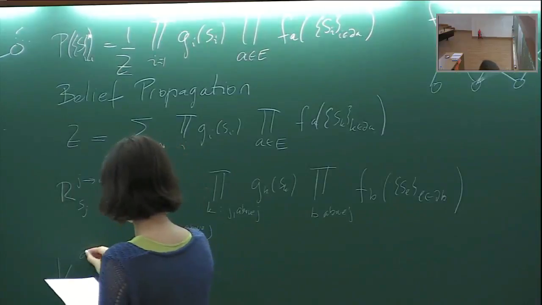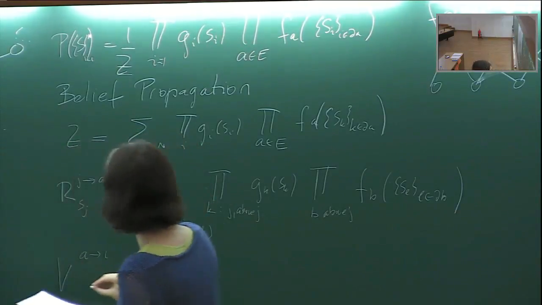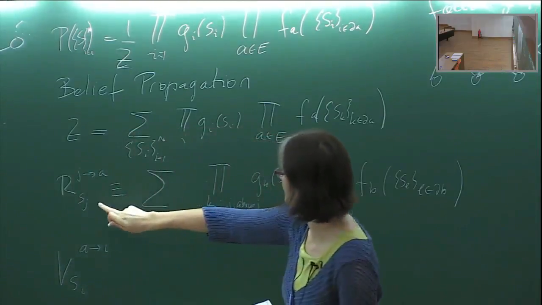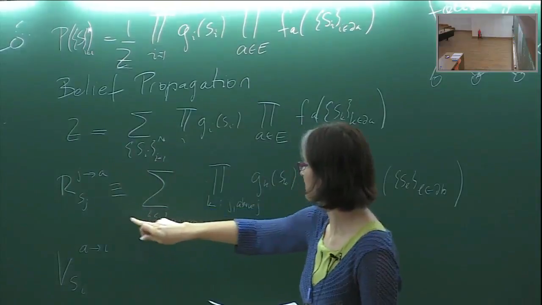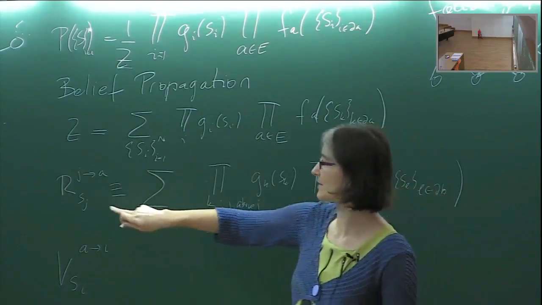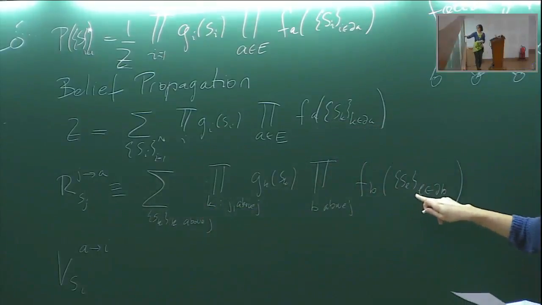And then a second one that will be running between A and i, and will also be related to S_i. Because you see, this guy depends on S_j, because here I summed over all S_k that are above J, but not over S_j. But S_j appears here, but it also appears here, right?